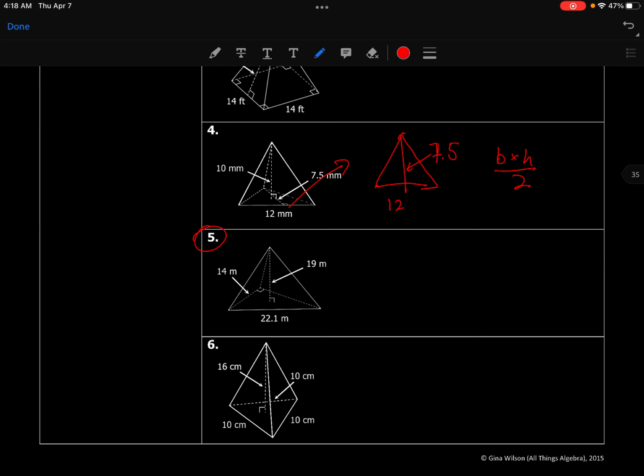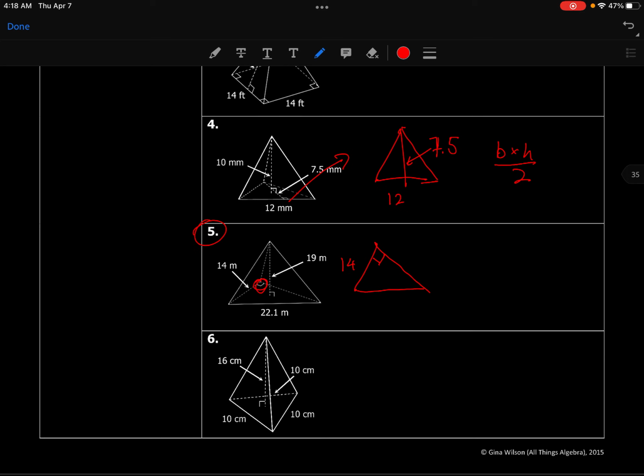So we have a triangle down here that looks like so, where this is 14. This is the right angle, if you notice right here, and this is 22.1. The hint is A, B, C. A squared plus B squared is equal to C squared. Then you can solve for A.